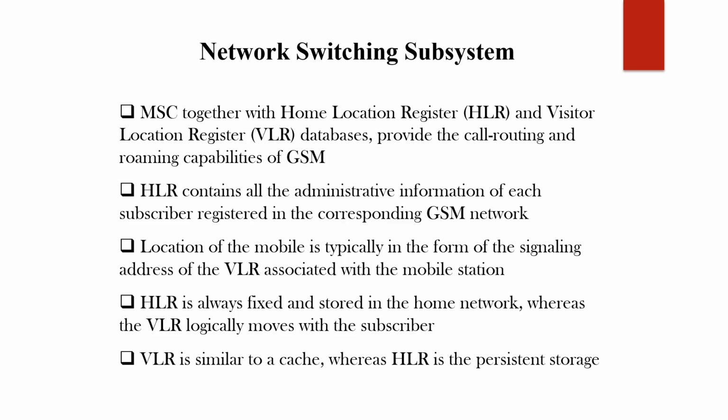Again, the two databases: I already told you that HLR is always fixed and stored in the home network, whereas VLR is logically moved with the subscriber. So HLR contains the corporate administrative information such as subscriber registration, and the VLR stores the signaling address associated with the mobile station.